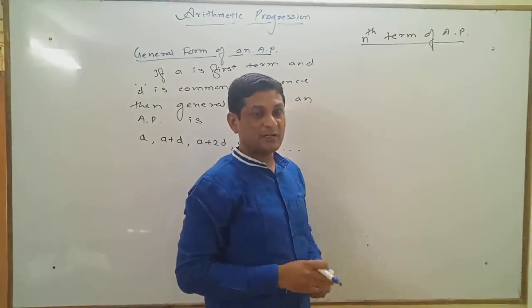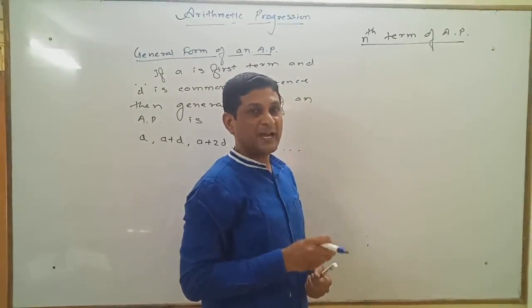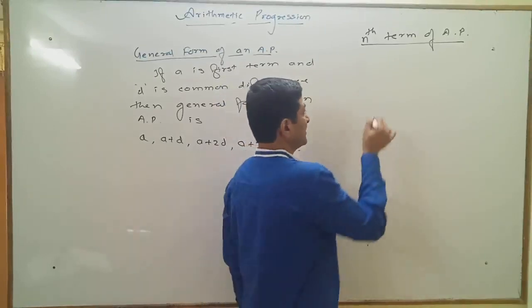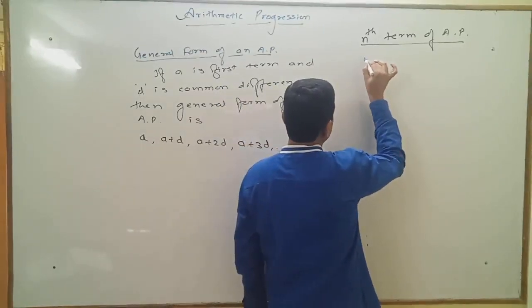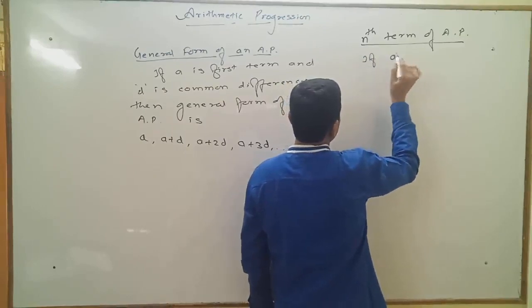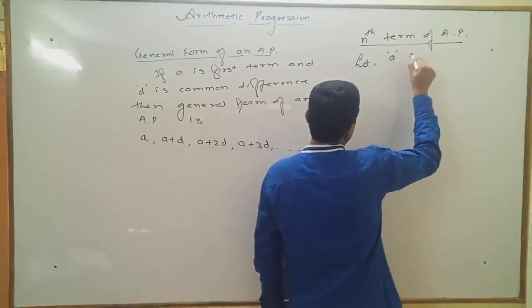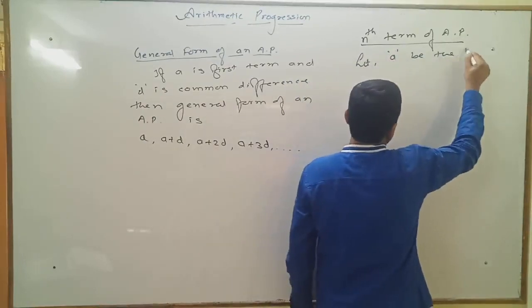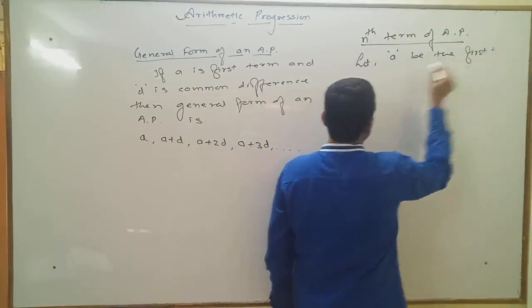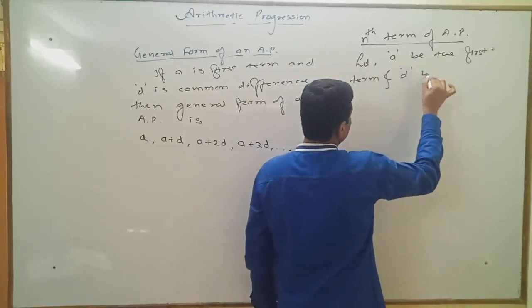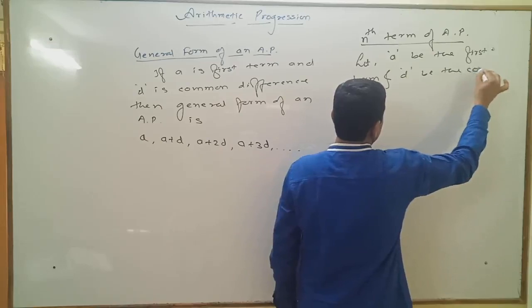So try to understand how we get the formula to find the nth term in the arithmetic progression. Let A be the first term and D be the common difference.